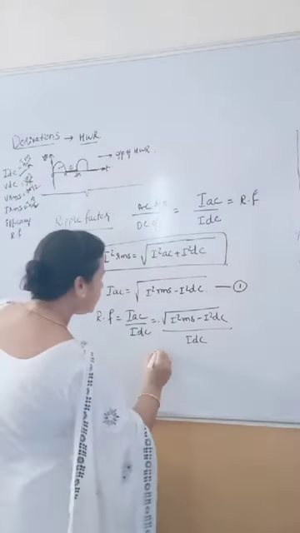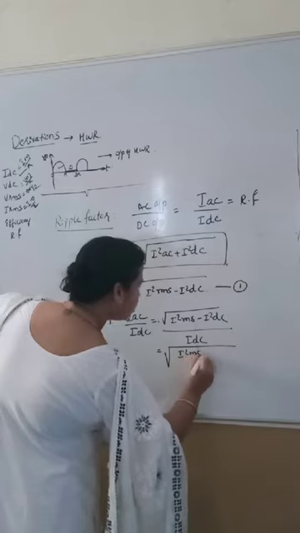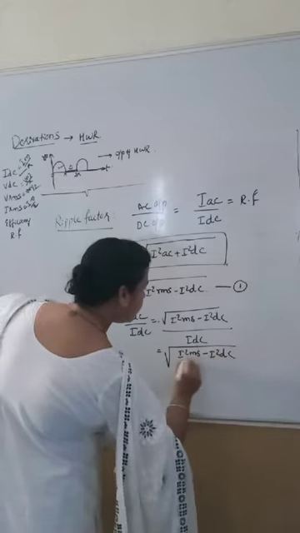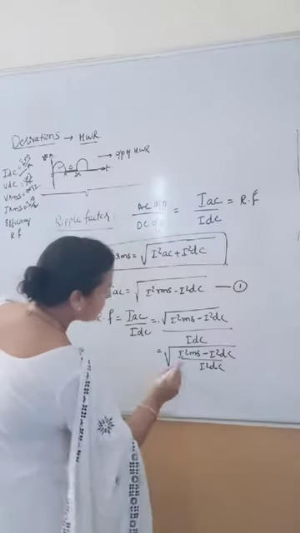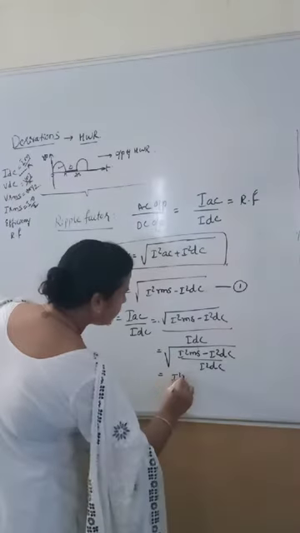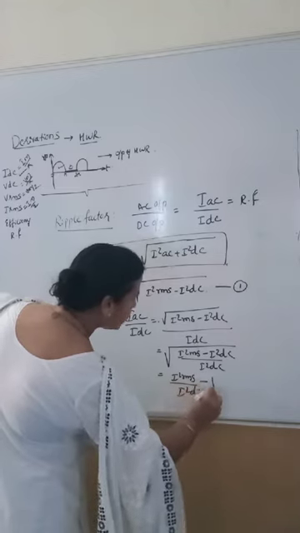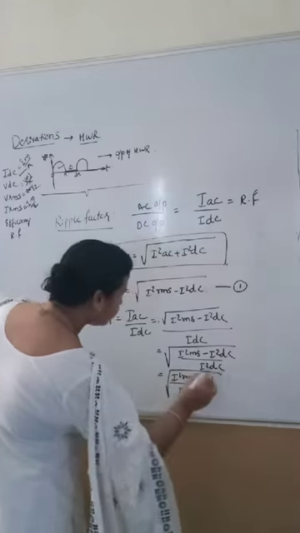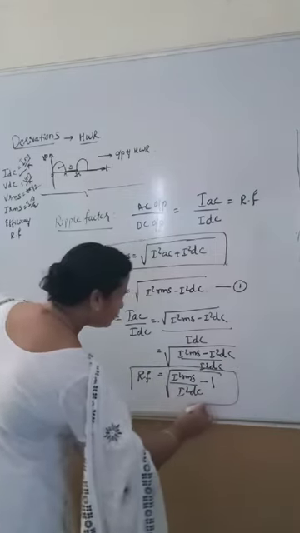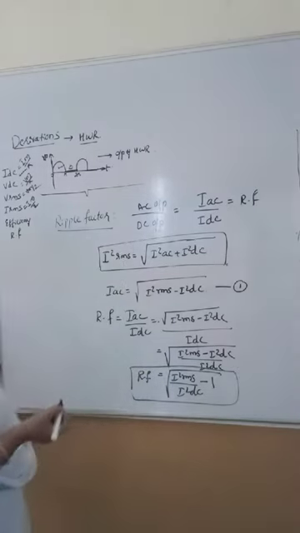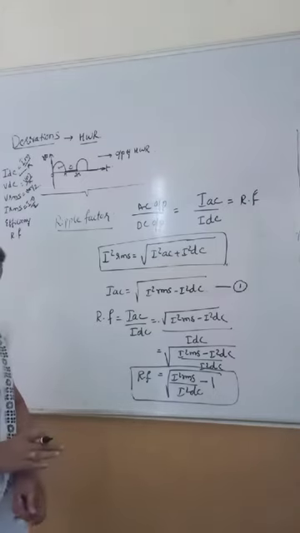So then this equation becomes I square RMS minus I square DC whole divided by I square DC. So this becomes I square RMS divided by I square DC minus 1 under the root, which is going to be your ripple factor. Equation for ripple factor: I square RMS divided by I square DC minus 1.